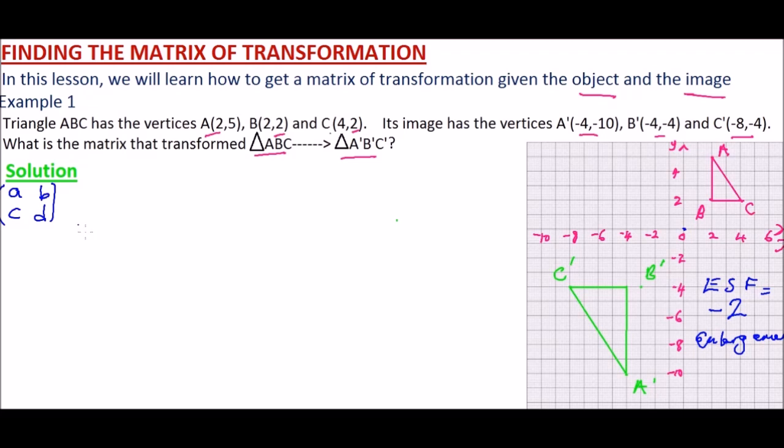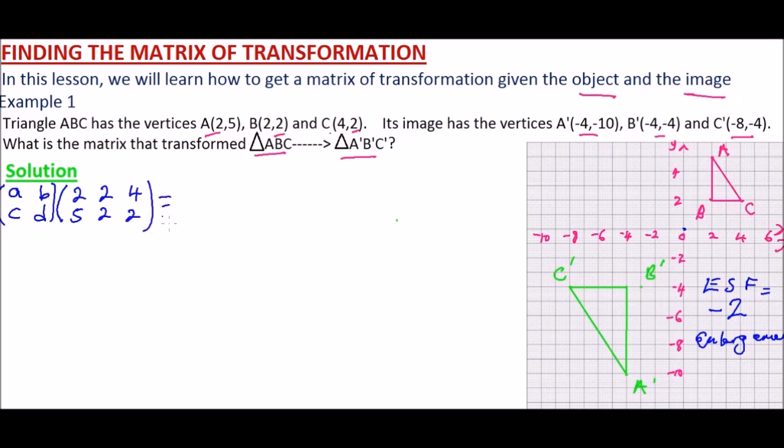Remember what we said in our first lesson. We multiplied the matrix by the matrix formed from the object. So we are going to multiply this by 2, 5. That is the column vector of A. Then here we have 2, 2 for B, and we have 4, 2.